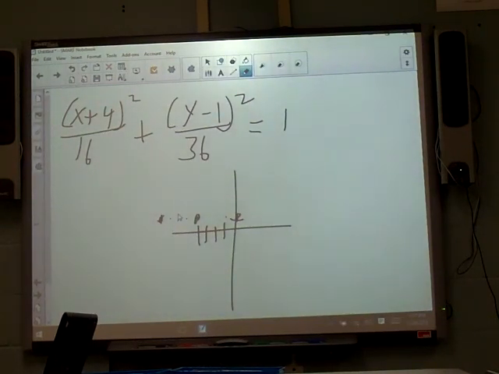So from my middle point, I'm going to go up 6 and down 6. So we still had to use those square roots. We just didn't start from the origin. We started from our middle point. Not very difficult. Not very hard at all.